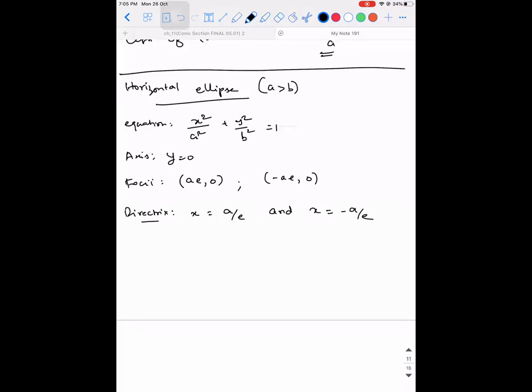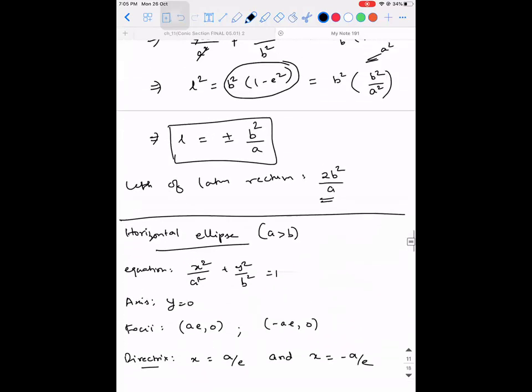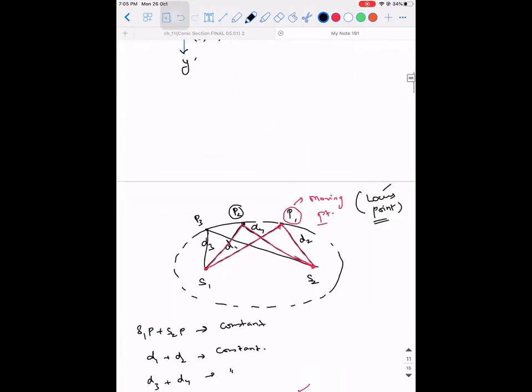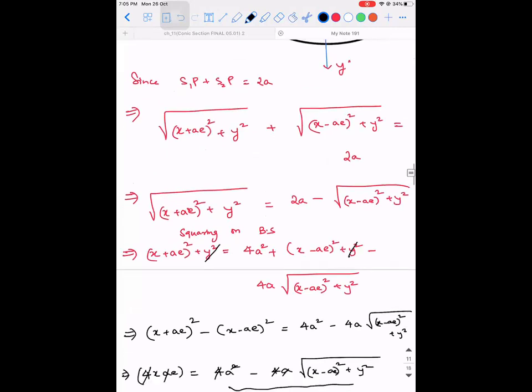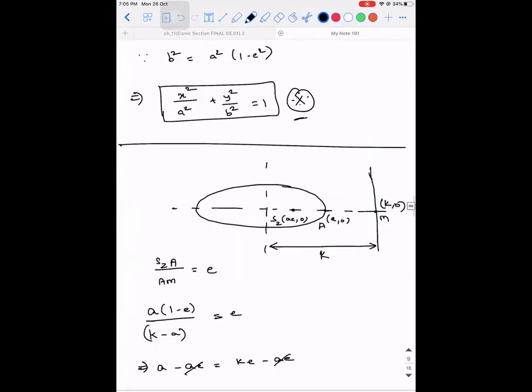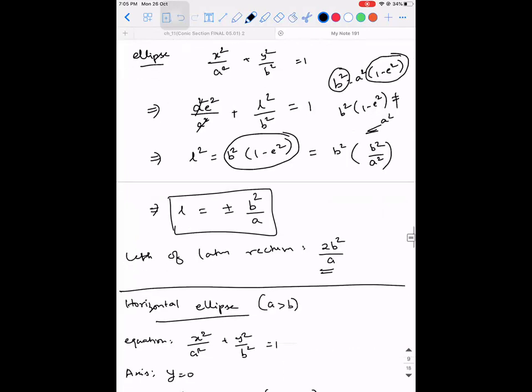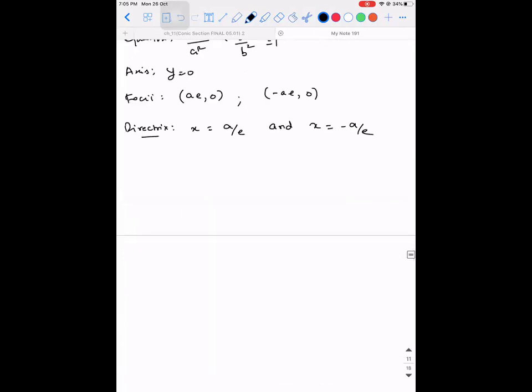It will have two directrices. Reason being, I took the directrix on which side? Positive. So I took the directrix on the right hand side. Similarly, you will have another directrix on the left hand side also. So these are called directrices. Center 0 comma 0.